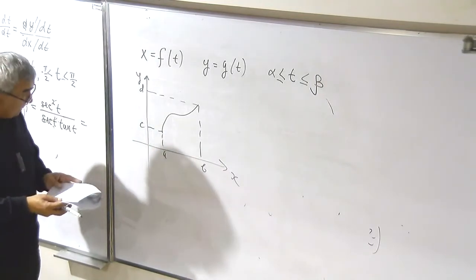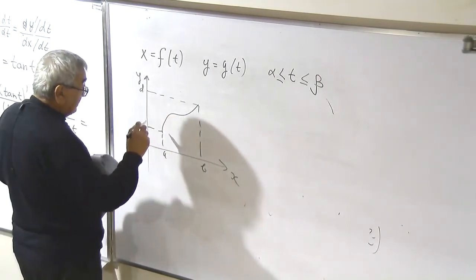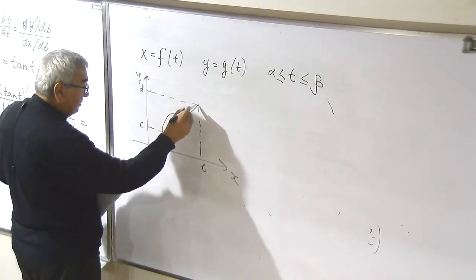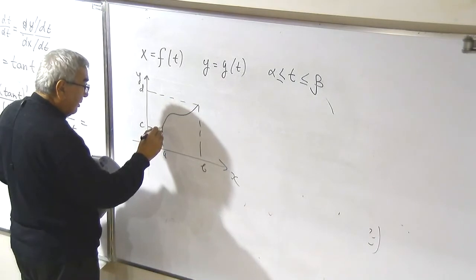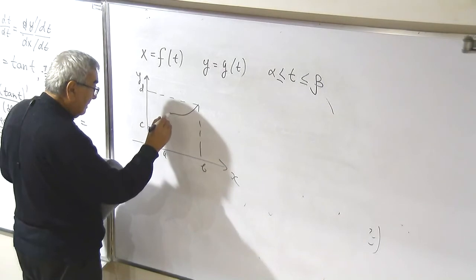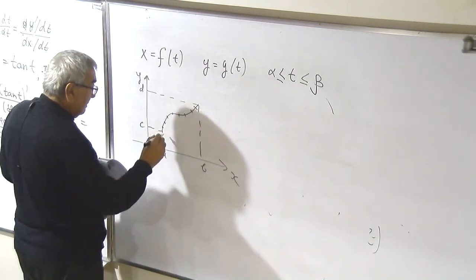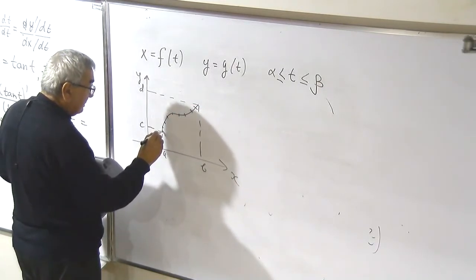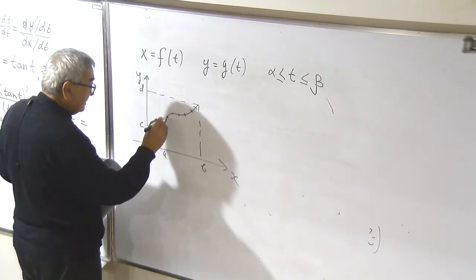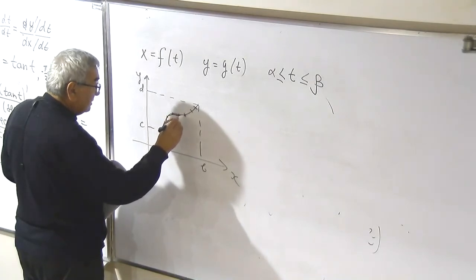That's how we will now find the length. To find the length, it is necessary to separate the whole curve into many portions, and connect the points like this, and so on.